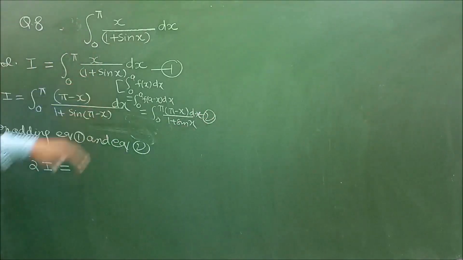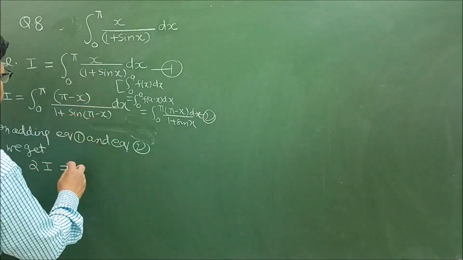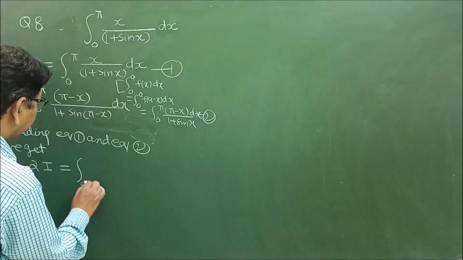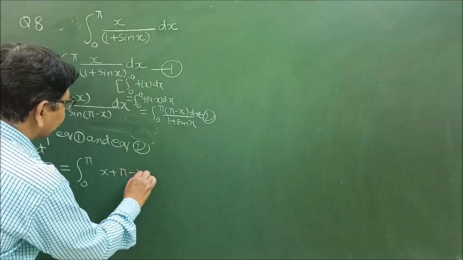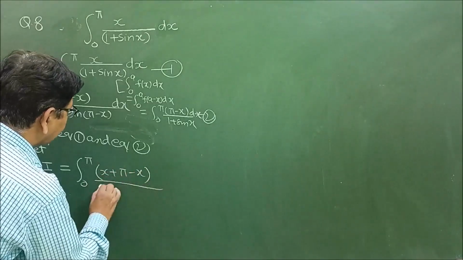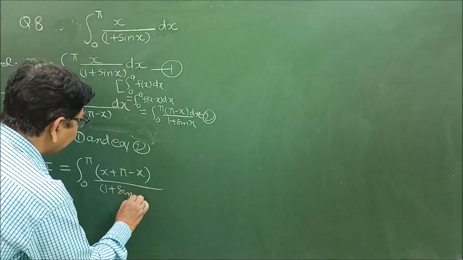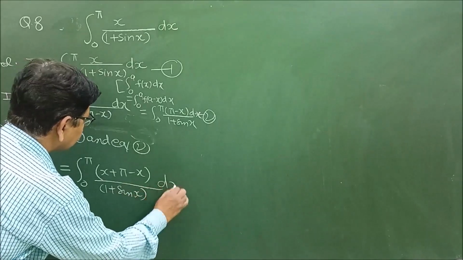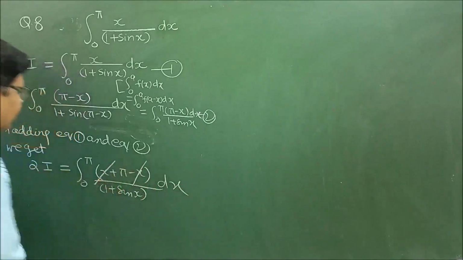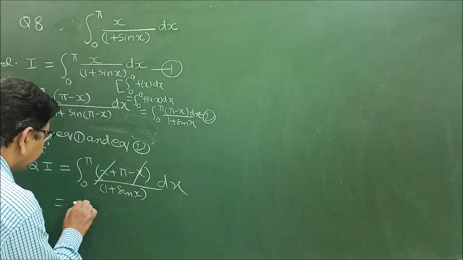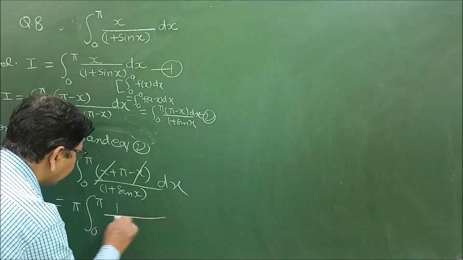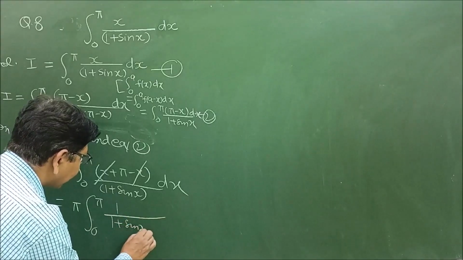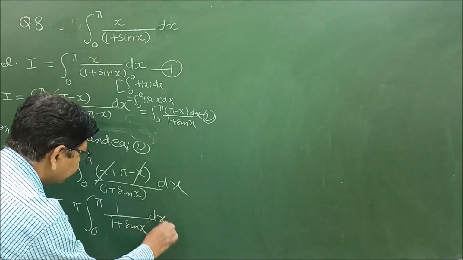Now on adding first and second, we get in the numerator 0 to pi, x plus pi minus x upon 1 plus sin x dx. This x and x is cancelled here, so this is equal to, pi is a constant, so 0 to pi 1 upon 1 plus sin x dx.